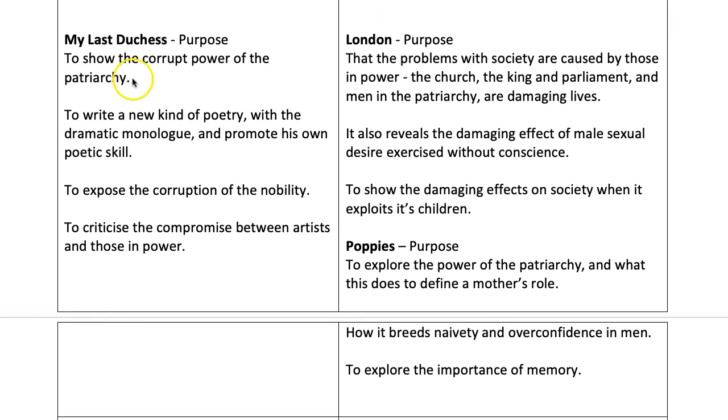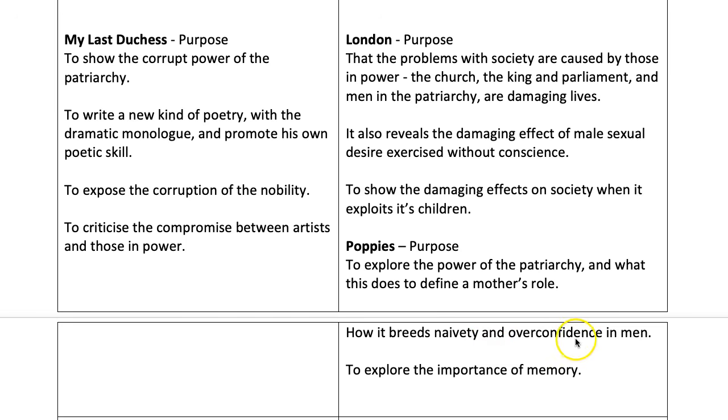He's expecting a powerful man, the Duke, to sacrifice the happiness of his daughter just so that she can marry a more powerful man in the Duke. So that really is how a society damages here its female children. But interestingly, there's a left field choice here of Poppies, because Poppies also explores the power of the patriarchy and what this does to the mother's role as opposed to the father's that I've just discussed.